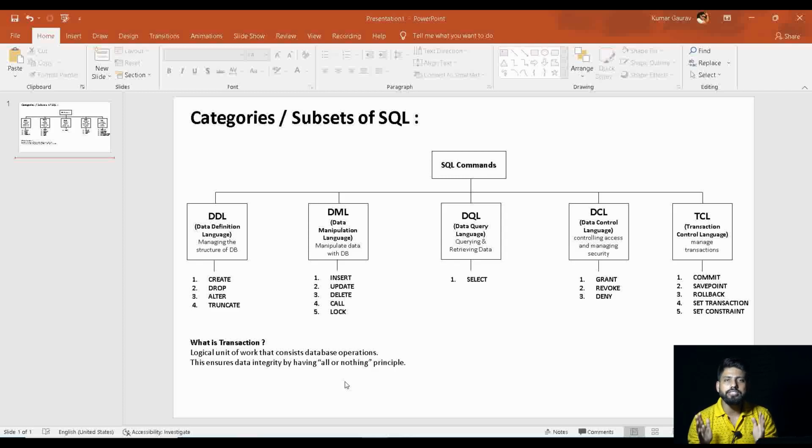This chunk or unit of work is called a transaction, which is a combination of various commands. The whole chunk may contain the updating of some particular table, then some querying of some other table. When all these are comprised in one chunk, this is called a whole transaction. That means it is a logical unit of work which ensures data integrity.